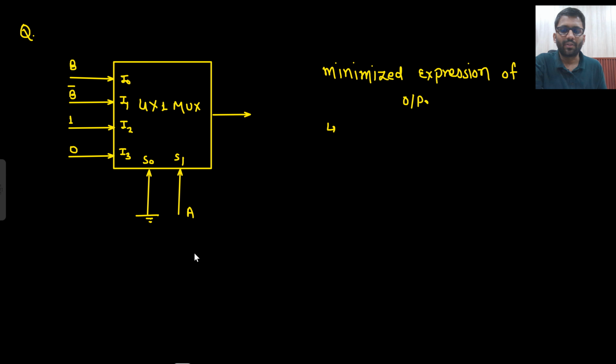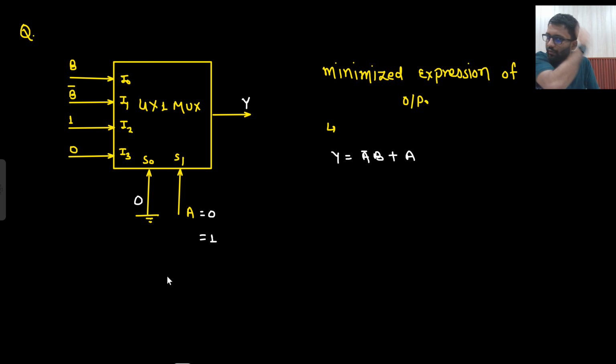What would be the minimized expression of output? So here S0 is fixed at 0. Say yes or no: if S0 is fixed at 0, A can have the value of 0 and 1. So how will you write output Y? If A is not there, that means input is 0 0, so you will pick B. And if A is coming, so what is the input?